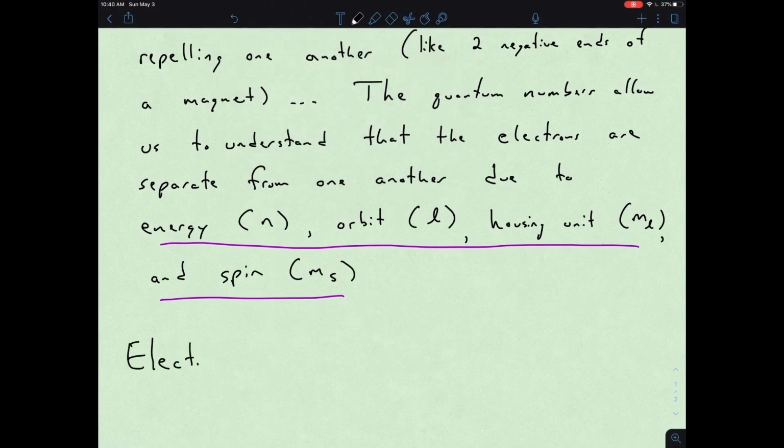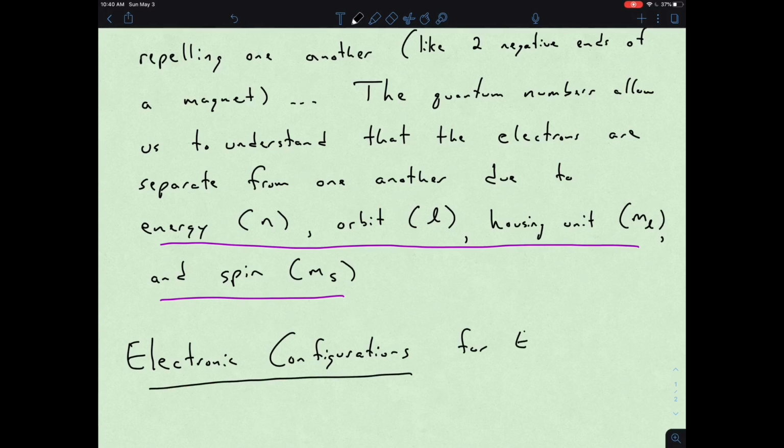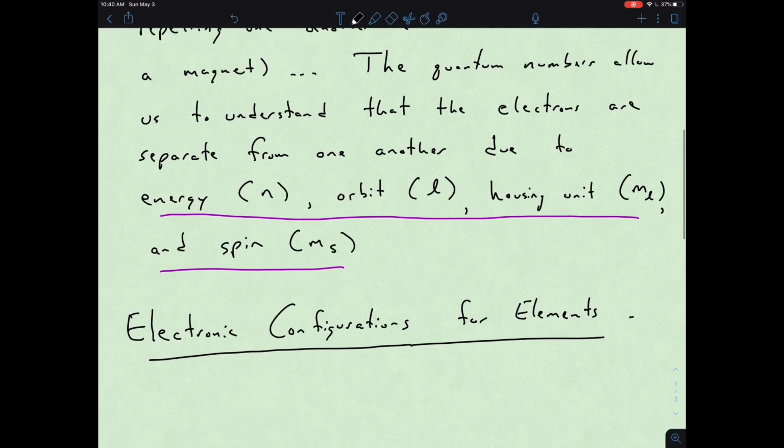So the first topic is electronic configurations, and this is for elements.